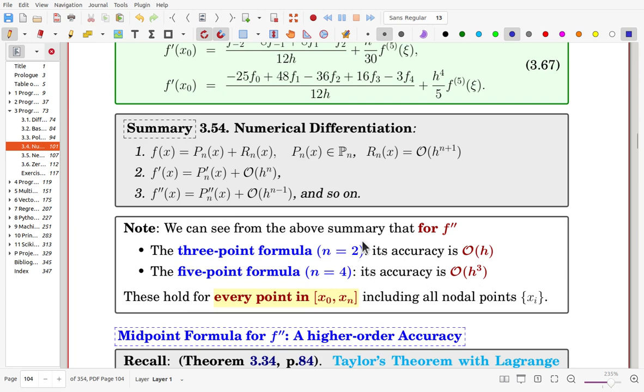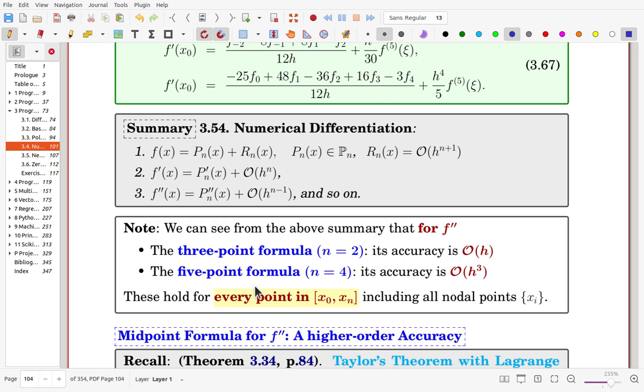Now, that's the theory, and this result holds for every point in the interval x0 to xn, including all nodal points xi. In fact, every point between the beginning point and the end point.